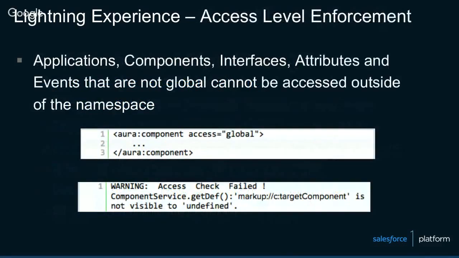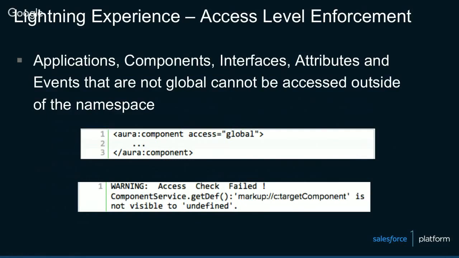As of this release, and there was a partner alert on the partner community about this too, the Lightning experience is going to now enforce access levels on the Lightning components. So applications, components, interfaces, attributes, and events that aren't global, you won't be able to access outside of the namespace anymore.